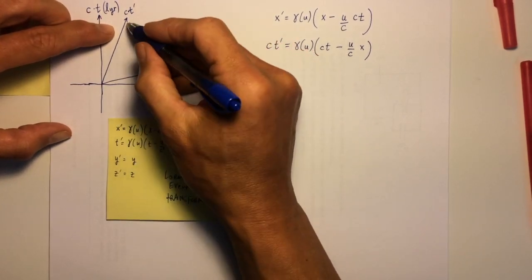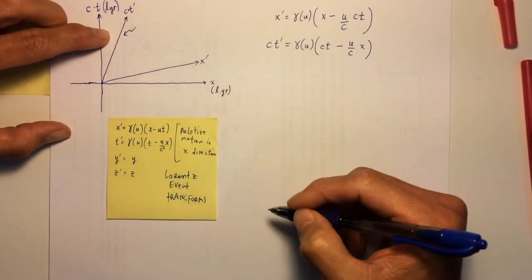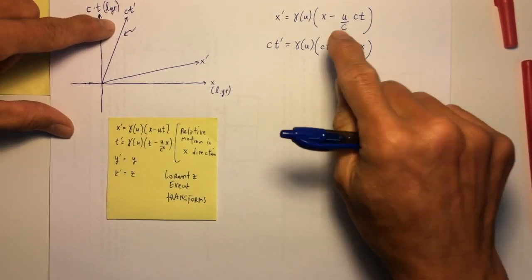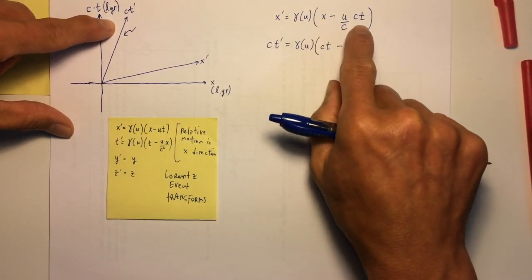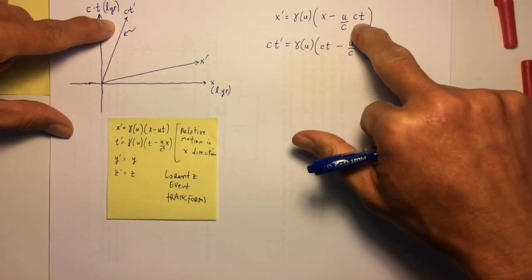So this world line right here, this line is actually, if you remember, it comes from this business here. I'm gonna do it kind of quick.